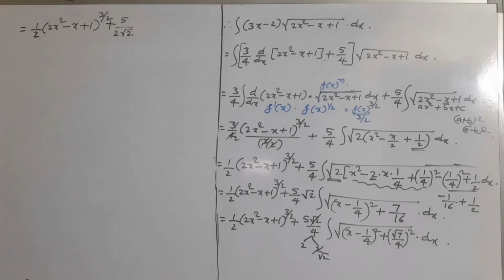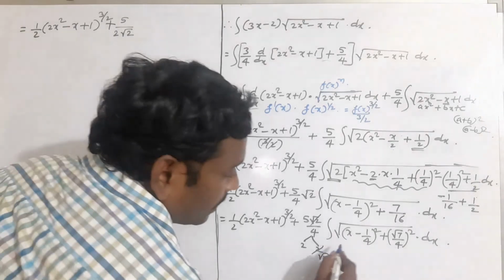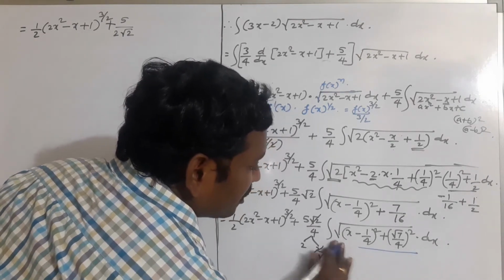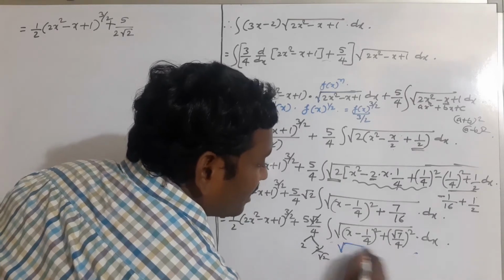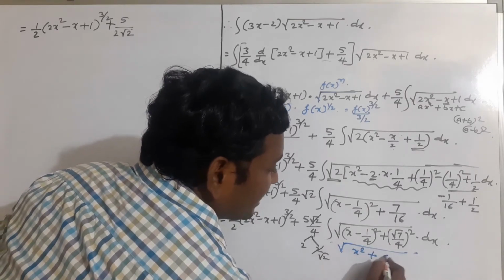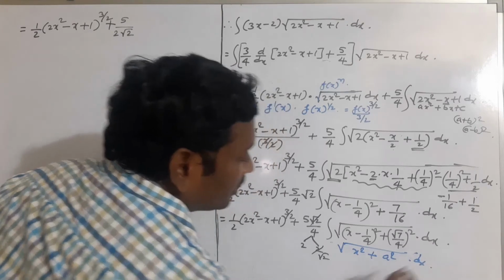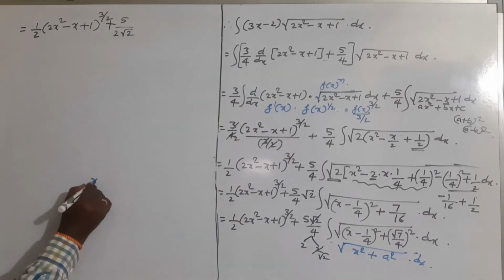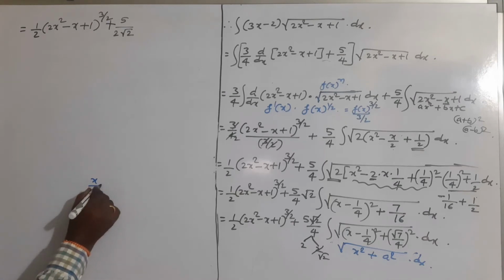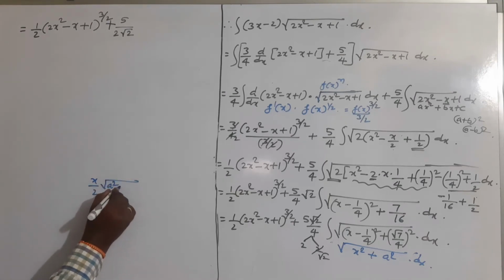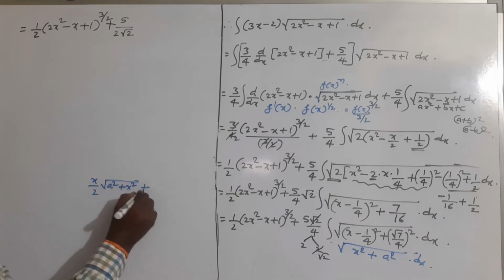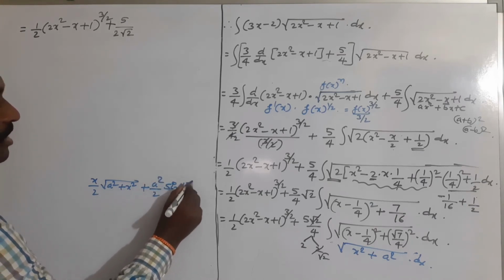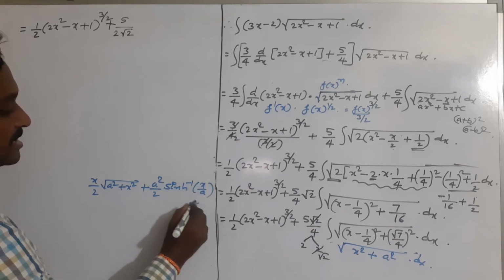And observe this structure, which is the integration of root over x square plus a square form. What is the formula for this one? x by 2 into root over x square plus a square, plus a square by 2 into sinh inverse of x by a, plus c.